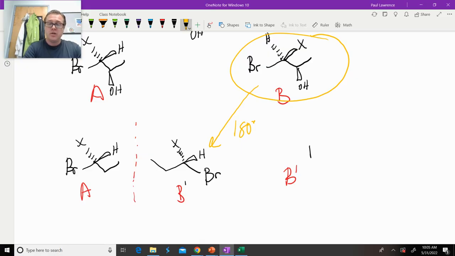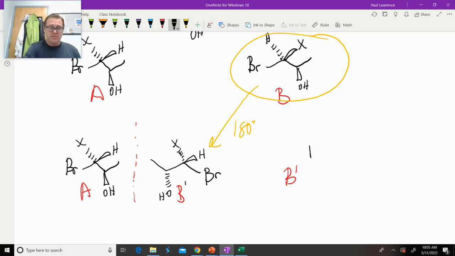What's that molecule going to look like now? Well, this alcohol group right here is now going to be right here. It's still going to be right there, but the orientation is now a dash. And on A, we still have the alcohol group right there because we didn't rotate A.